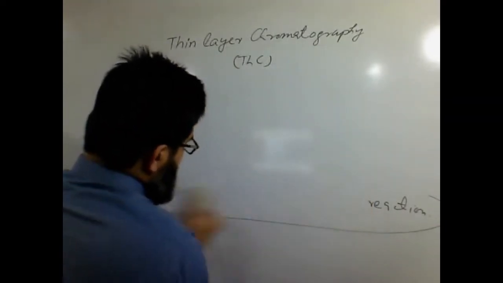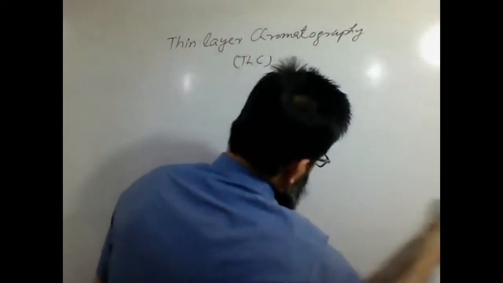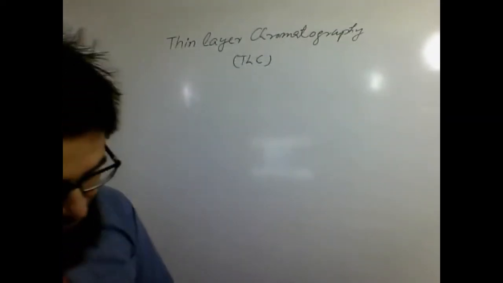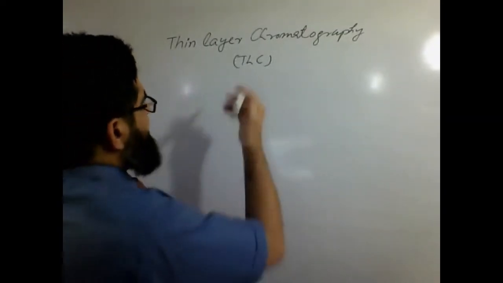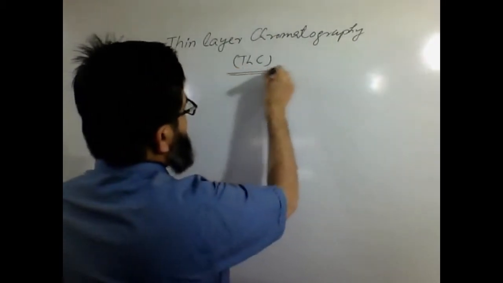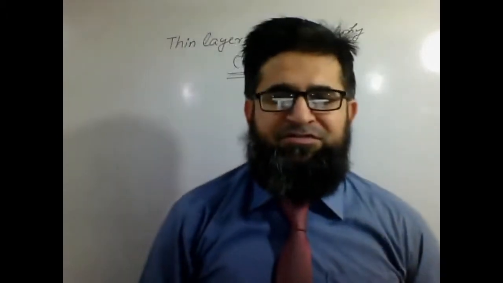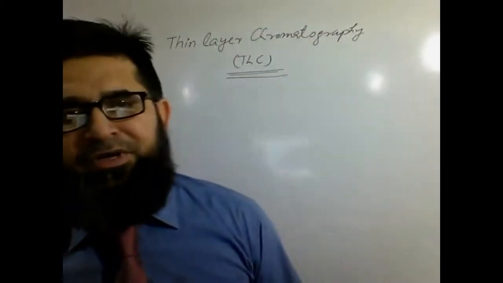Before explaining the use of TLC in monitoring reactions: what sort of reaction? Any sort of reaction, a simple chemical transformation. Let's say you are doing a simple reaction on benzene, and you want to check whether the acylation of benzene has happened or not. That can simply be checked using TLC.